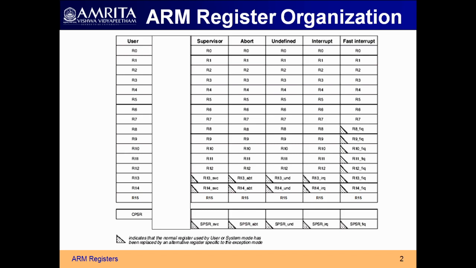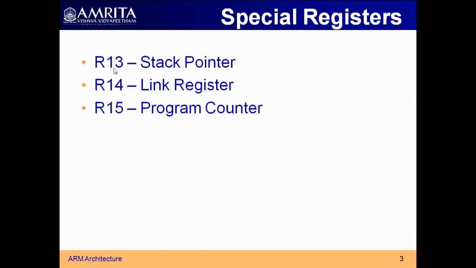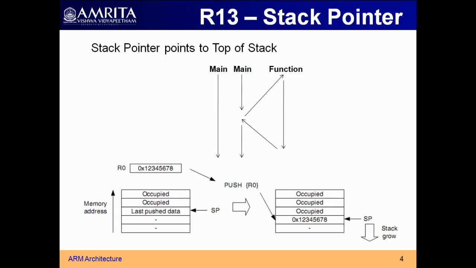R13 is known as the stack pointer. R14 is known as the link register. R15 is known as the program counter. So these 3 registers have the additional functionality of stack pointer, link register and program counter. Then we will see each one in detail. The first one is R13, which is known as the stack pointer.